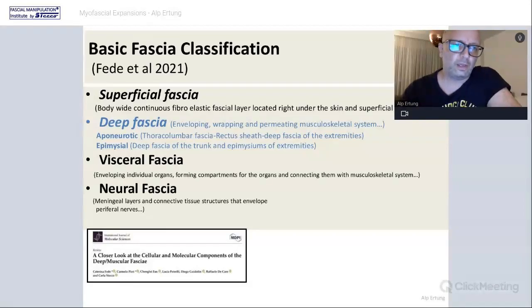Examples for the aponeurotic type are the thoracolumbar fascia, rectus sheath, and the deep fascia of the extremities. For the epimysial fascia, there is the deep fascia of the trunk, which is special and different from the extremities, and the epimysiums of the extremities. We will not talk about the superficial fascia, visceral fascia, and neural fascia in this presentation, but they are part of the classification of the fascia. We are focusing on deep fascia right now.